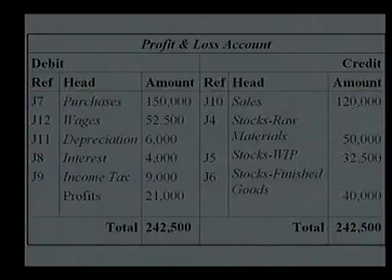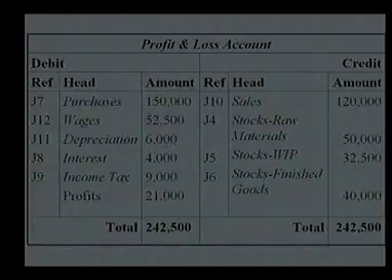Now just after J9, if you see on the debit side, I have entered a value, profit. Now profit is the difference. It is nothing but the balance carried down, right? Because if you try to sum it up both on the debit side as well as on the credit side, you will find there is a difference of 21,000. So that we used to take care of by writing balance carried down.